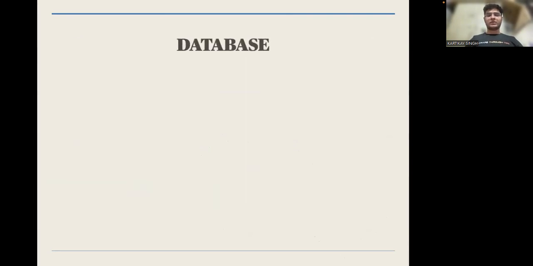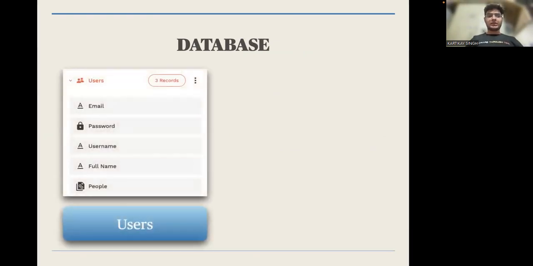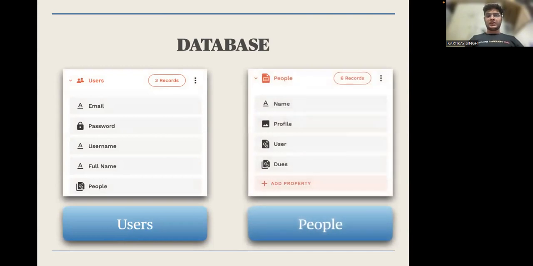First of all, the tech stack we have used. For the database, we have used the inbuilt Adalo database, and this is the database that I've used. First, users: I have taken the email, password, and full name of the user. Then there is the people's tab.